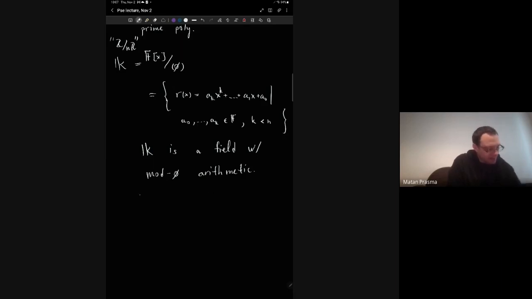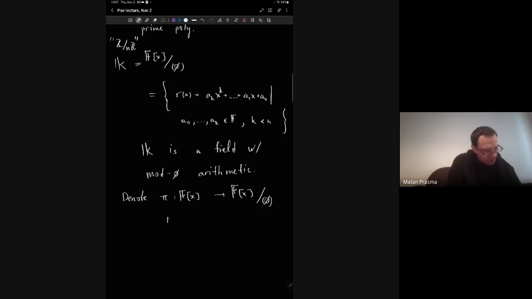Let's put it like this. We denote the quotient map from F[x] to F[x] modulo phi by pi.